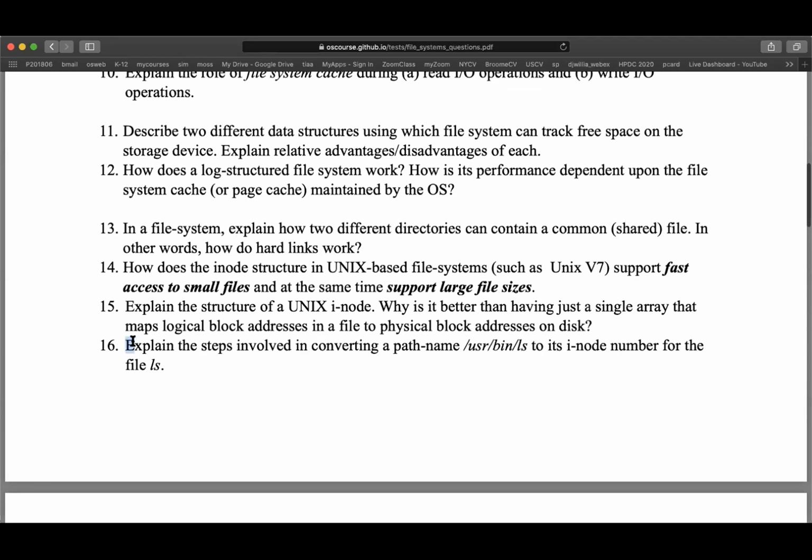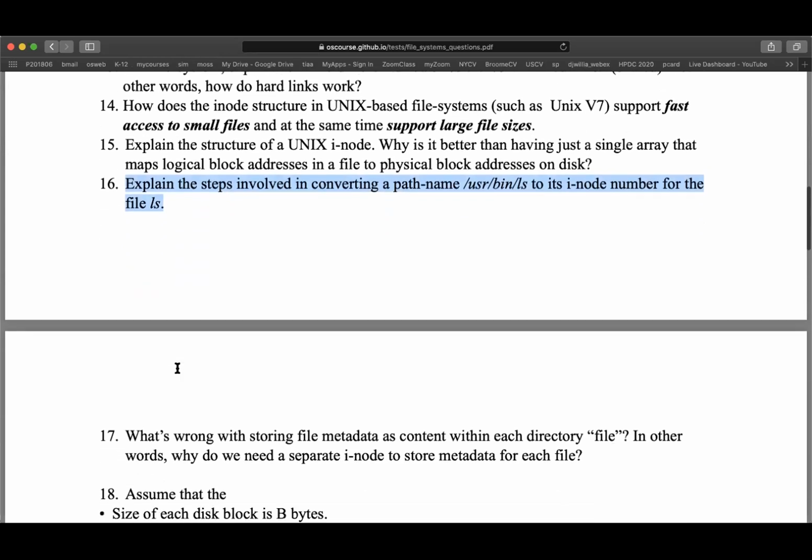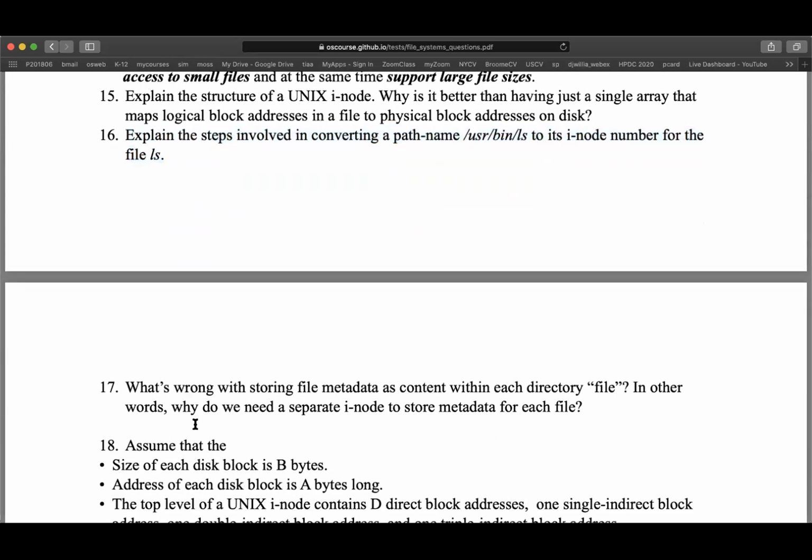These are usually something I covered in the undergraduate class. For example, path name conversion from the path name to an inode. But it's interesting. I would urge you to think about this. This might be there in my file system video lecture, but it's an interesting concept. I don't think I've covered it in the class.